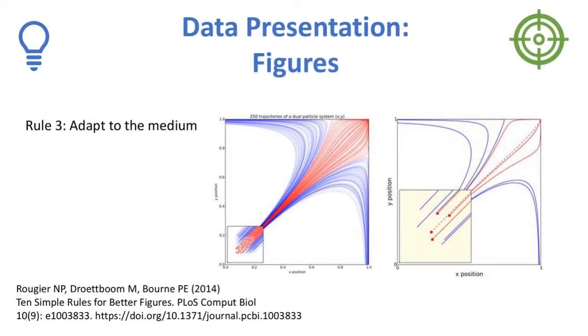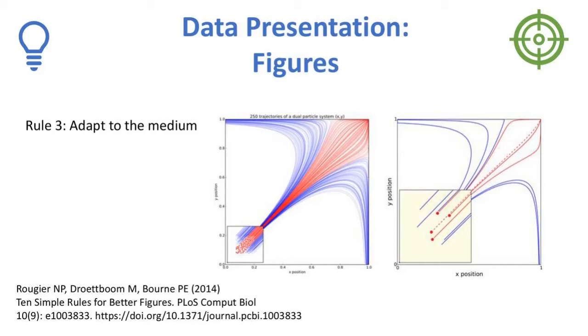Adapting to your medium is also very important. You can see here that one of these two figures would be more appropriate for publication in a journal, whereas the one on the left that shows the same data might be more appropriate for presentation perhaps at a conference, when it can be projected onto a big screen or presented in an academic poster format.